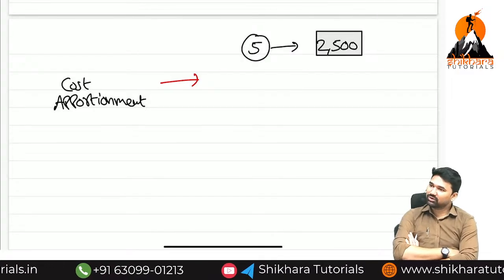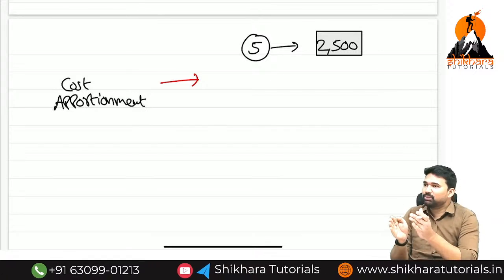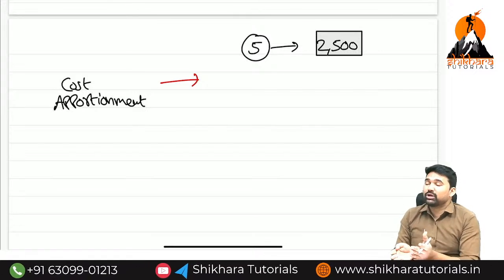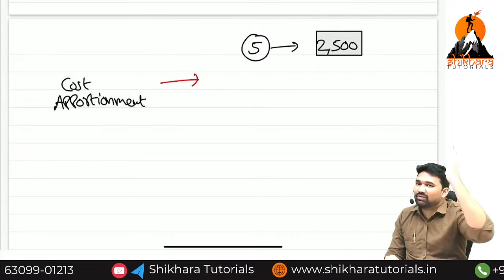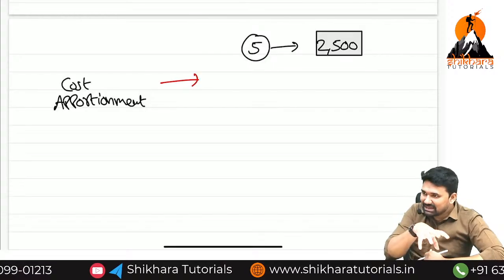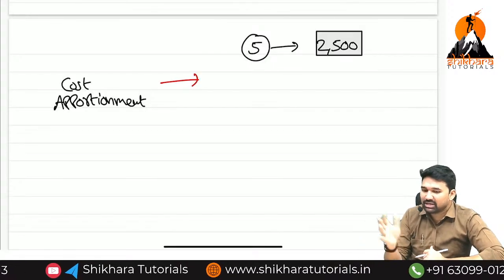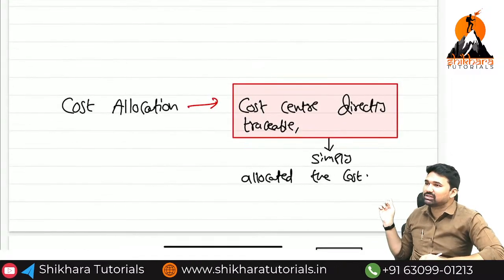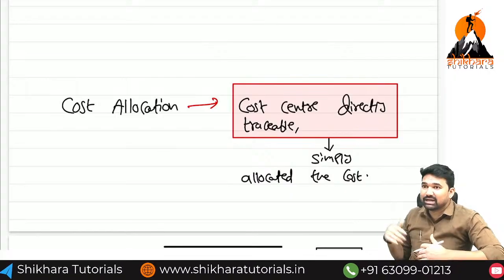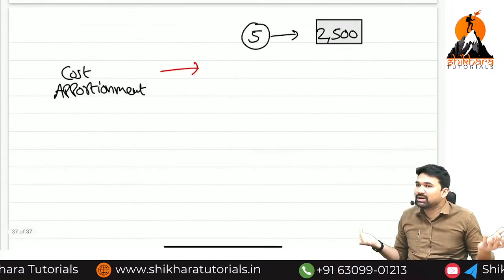Then what are we going to do? We are going to distribute, or apportion, the cost in an indirect way. These costs are not directly traceable. In the earlier case, costs were directly traceable. In the given case, costs are not directly traceable.